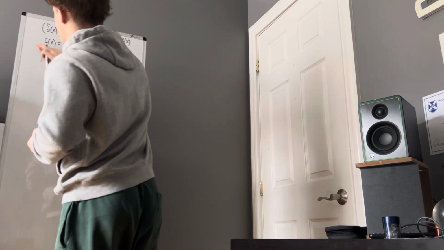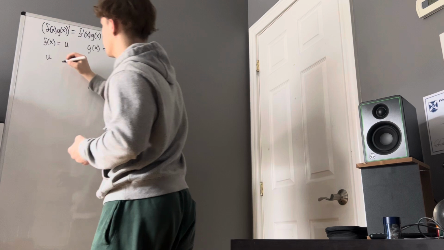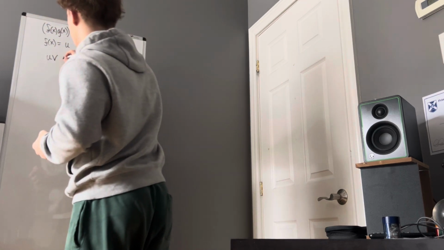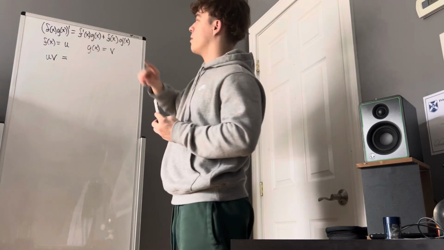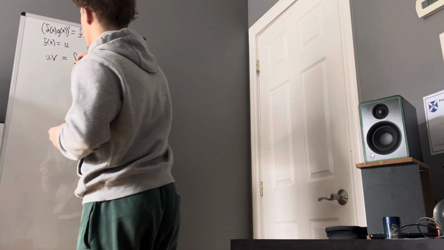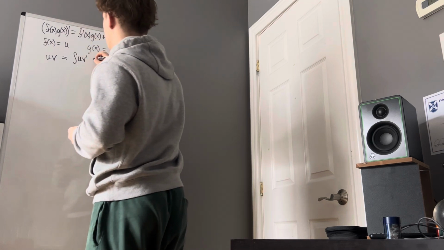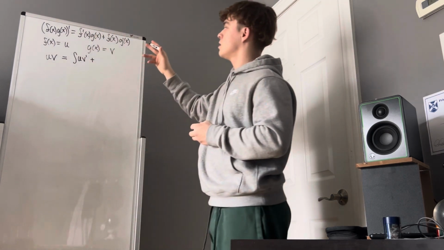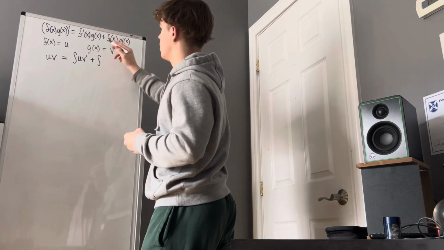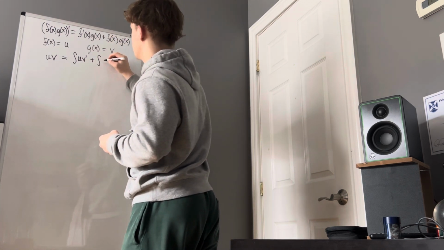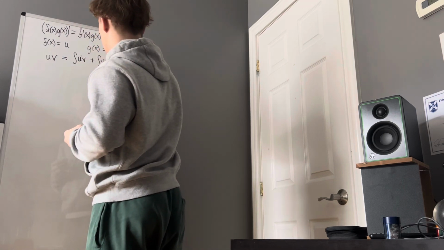So f of x is u, g of x is v, and this equals the integration of f prime of x g of x, which is the integration of u v prime, plus the integration of u prime v.